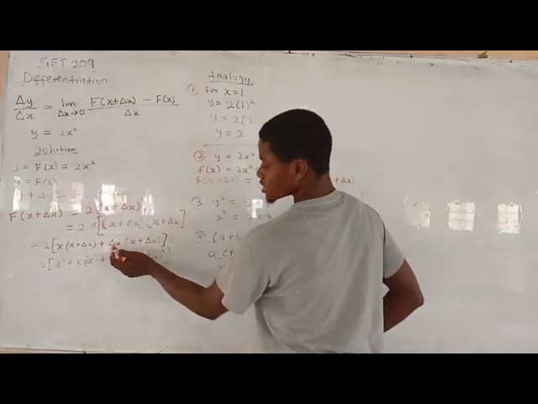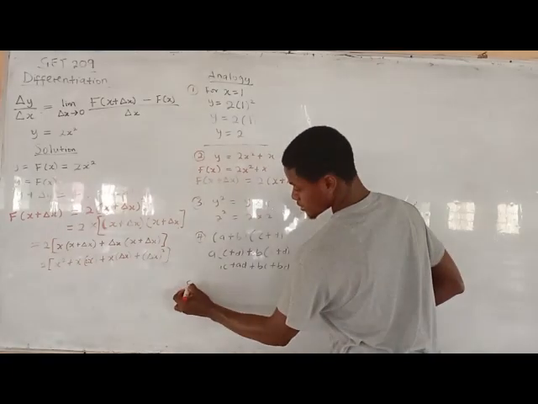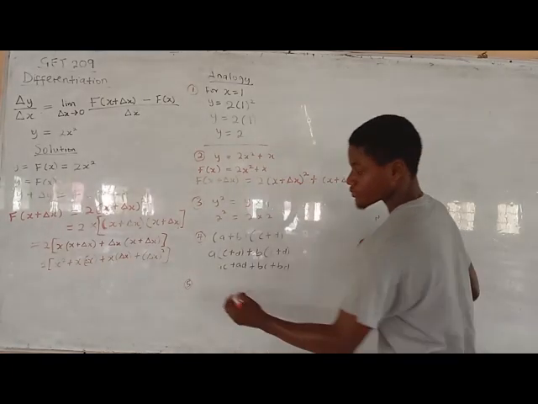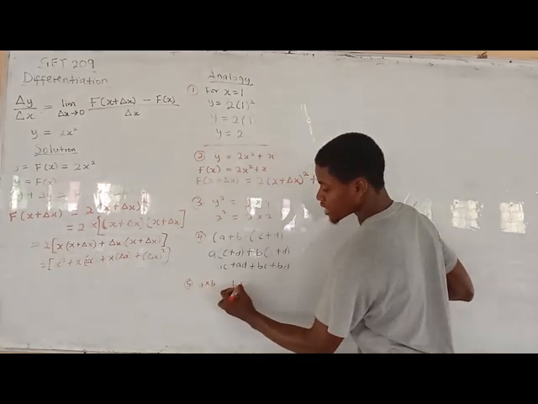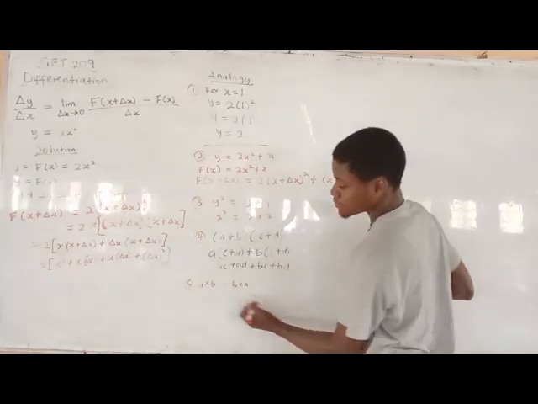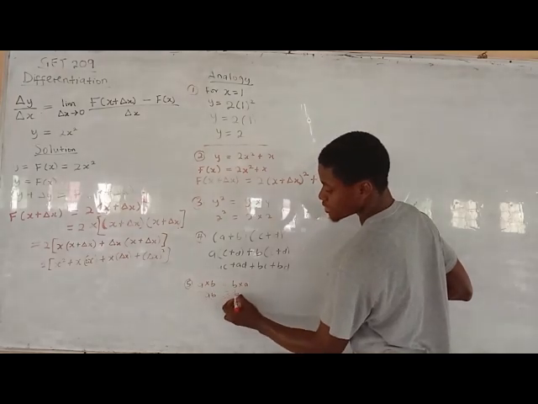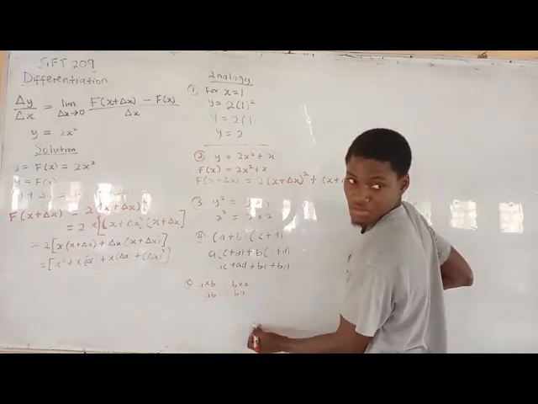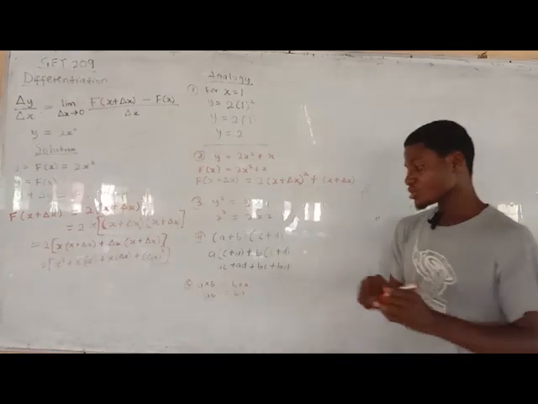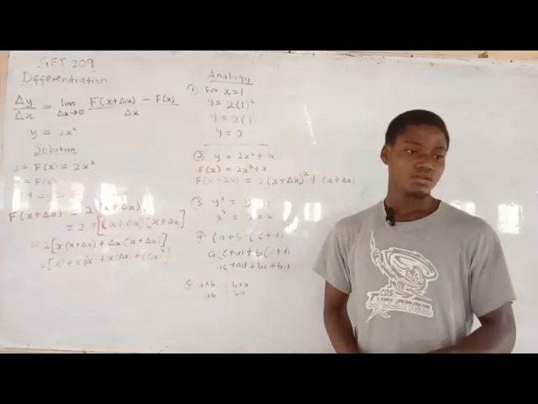Okay. This times this. Analogy 5. A times B is the same thing as B times A. So A times B is what? AB. B times A is what? BA. But BA is the same thing as AB. And then in mathematics, you don't write the bigger alphabet before the smaller one.